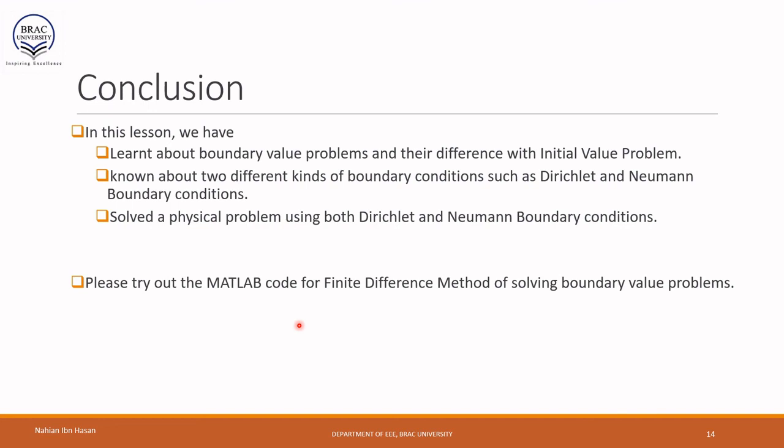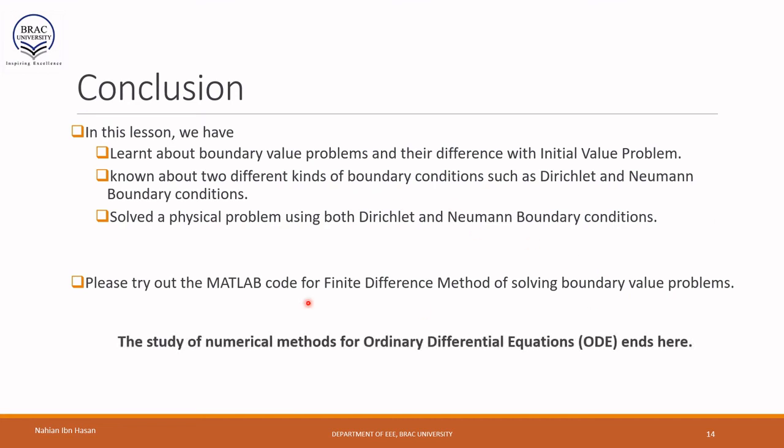Okay, so please try out the MATLAB code that I have attached with this video for the finite difference method for solving a boundary value problem. Please go through the details of that code so that you can understand the application of the finite difference method in solving such boundary value problems.